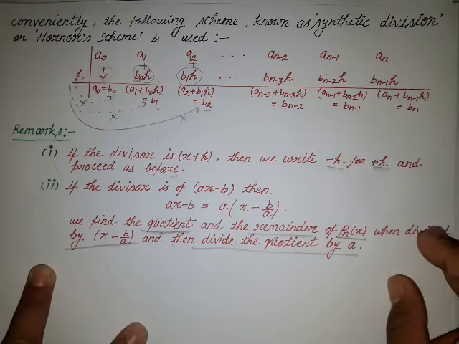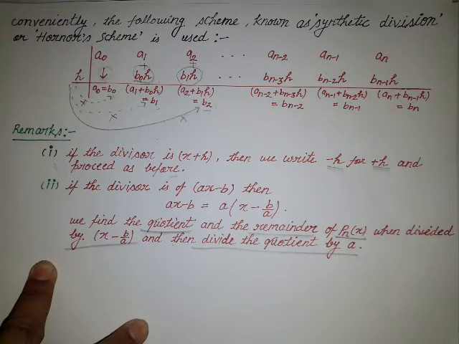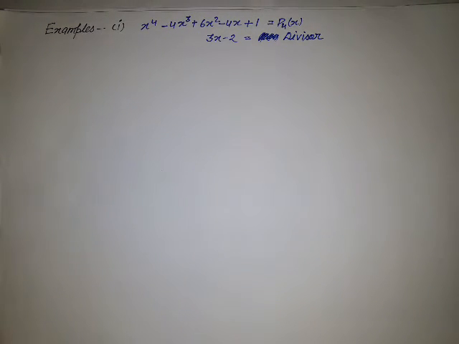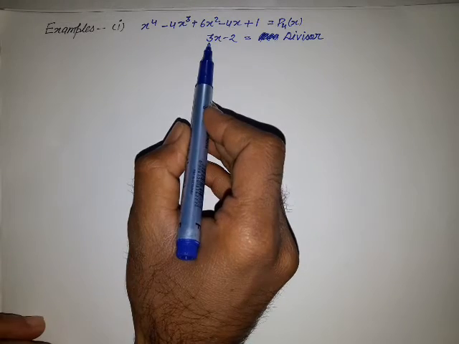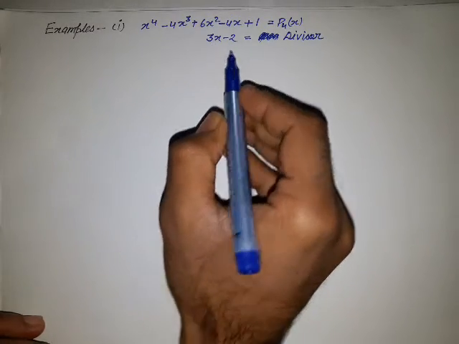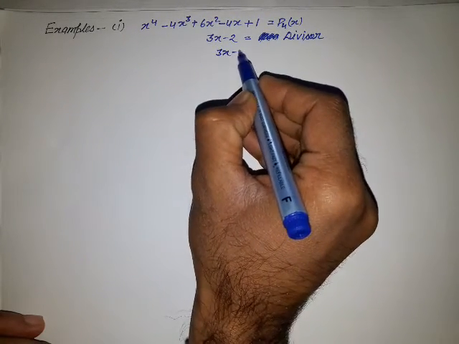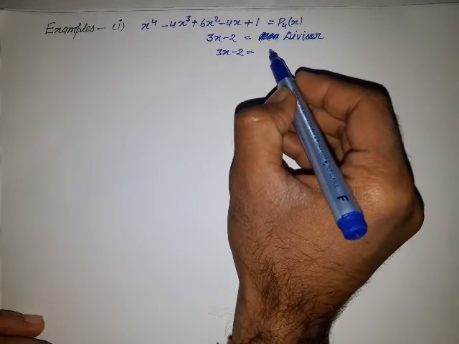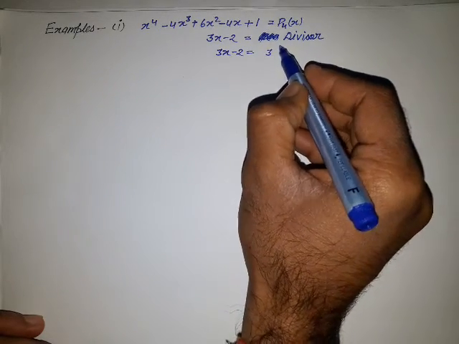And now I will show you some examples of how this can be used in our problems. So here is our first example, which is a polynomial of 4 degree, and the divisor is 3x minus 2. So first we put it into the ideal form.